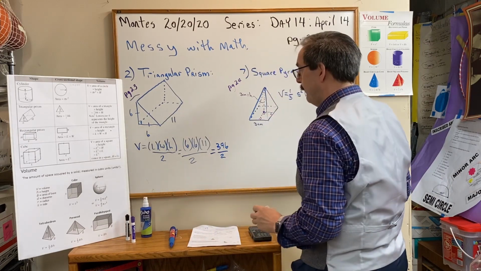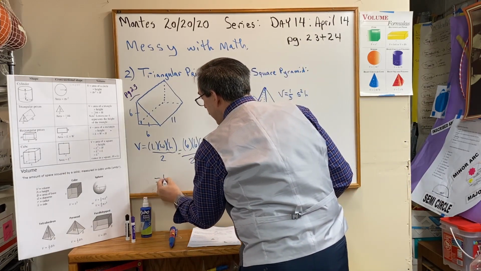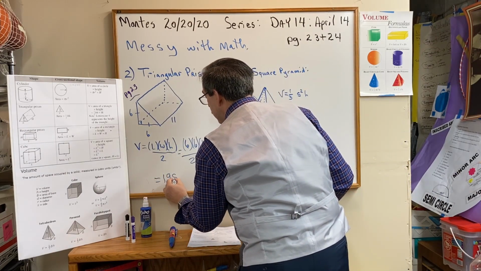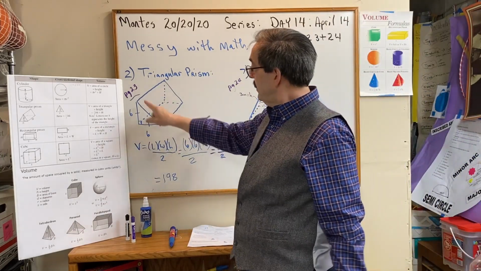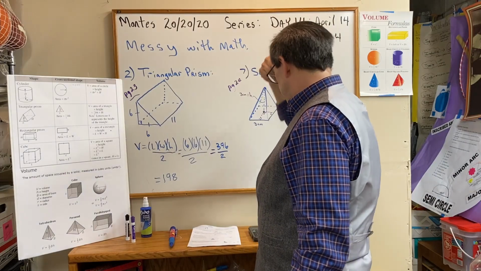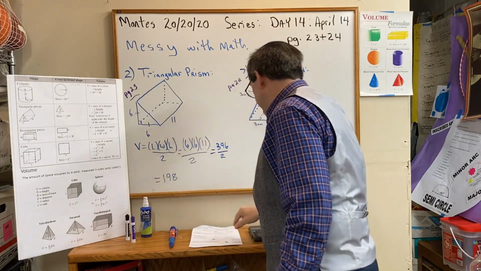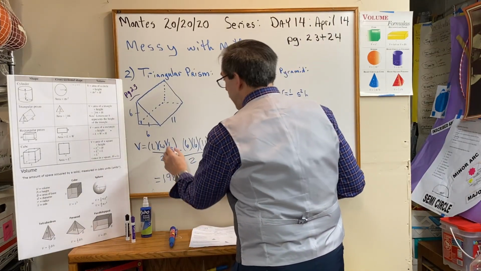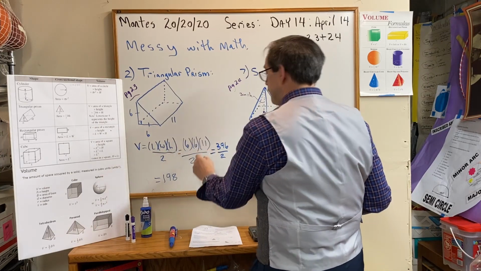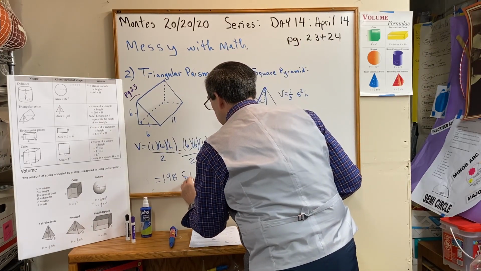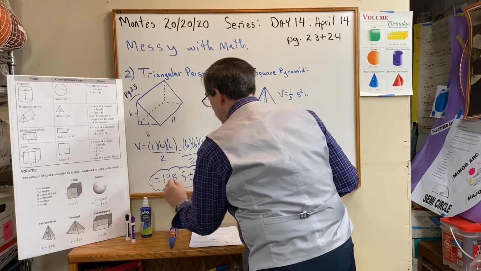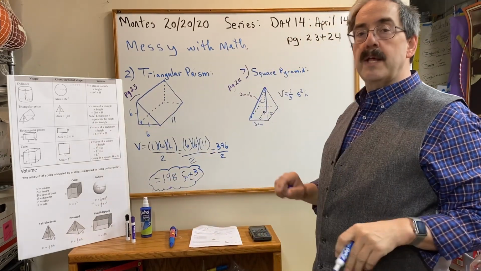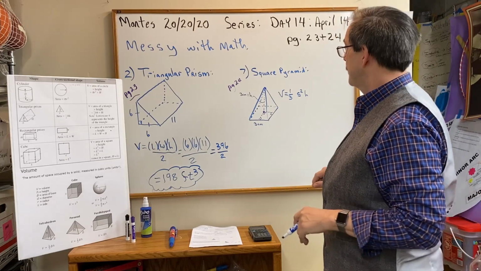Divided by 2, we get 198. Now we're not done until we get our units. Units in this case, what was our units? Feet, feet. So we have feet times feet times feet. 198 cubic feet, all right?